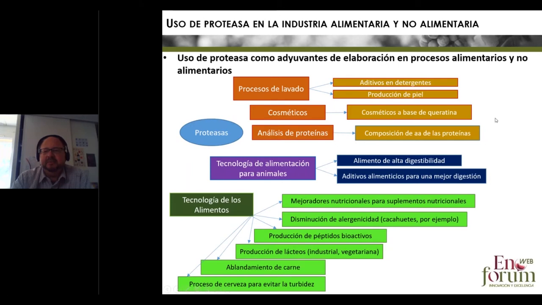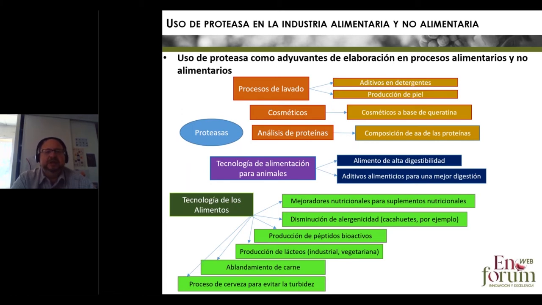And in terms of laboratory analysis, proteases are used to determine the amino acid composition of various proteins. They are also used in pet food processing to produce food with a high digestibility and also nutrient supplementation for a better digestion of the food.